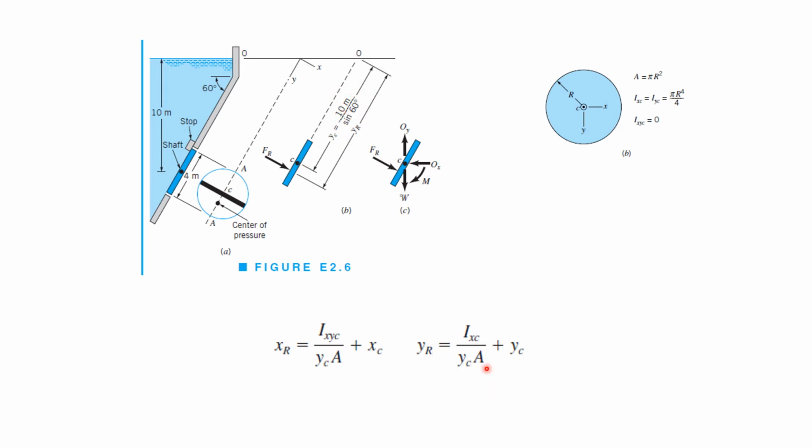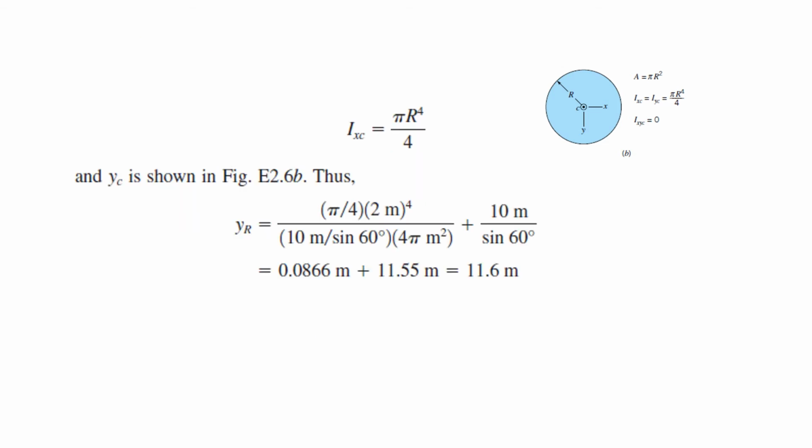And the area of the circular plate is equal to pi r square. So we can simply find yr, which is equal to 11.6 meters. This is the location of the resultant force in the y direction.